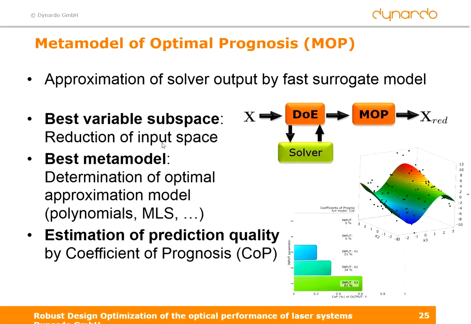Everything is done automatically. The second thing is that the best metamodel is also selected automatically. So the best approximation model is chosen, whether it's polynomials, moving least squares or a Kriging model. You don't have to choose this by hand. Always the best fitting will win.